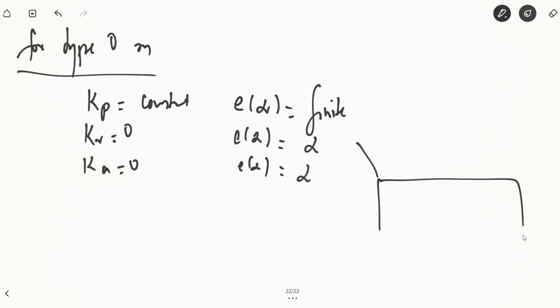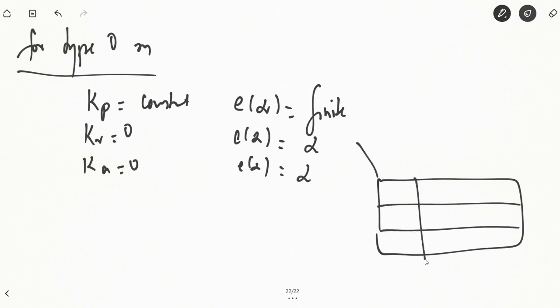It's similar to the one you have already drawn for the continuous time system, the analog system.